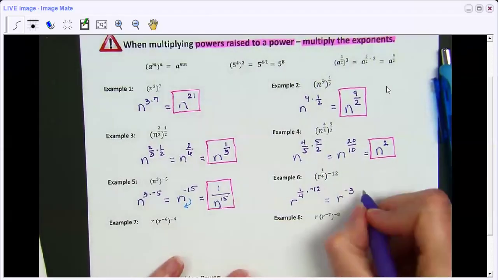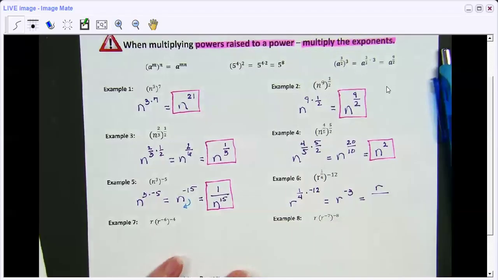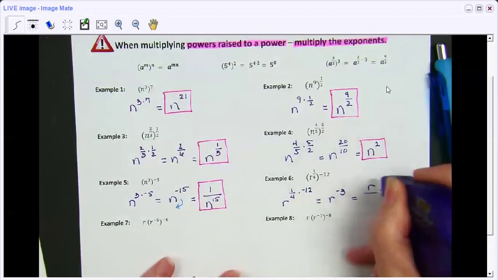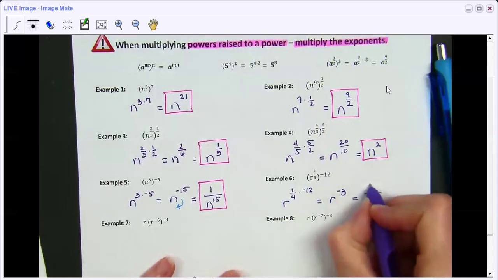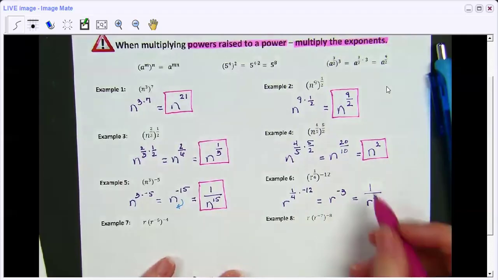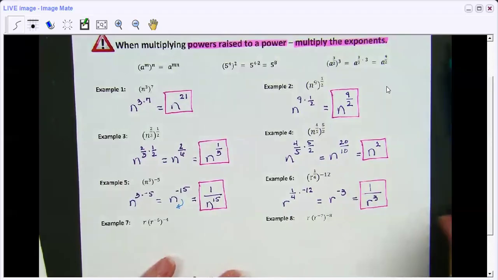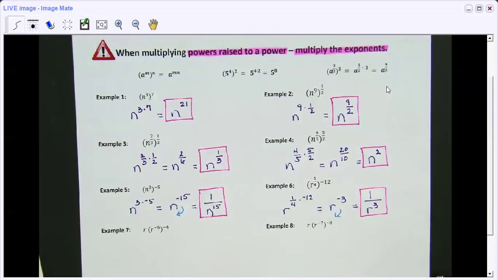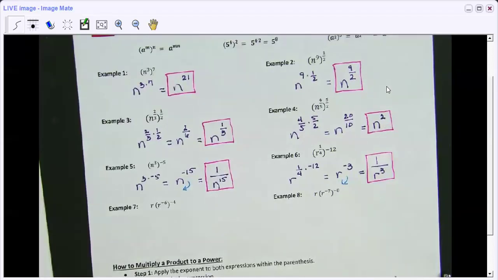Again, we need to move that to the bottom, so it should be, I'm sorry, not r, 1 over r to the power of 3. Any questions on those?